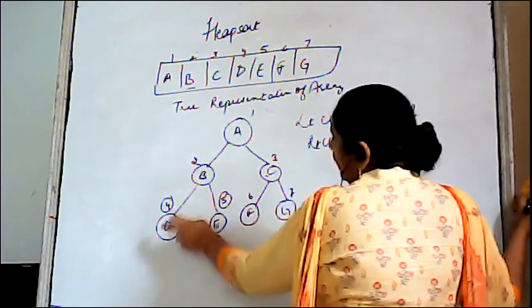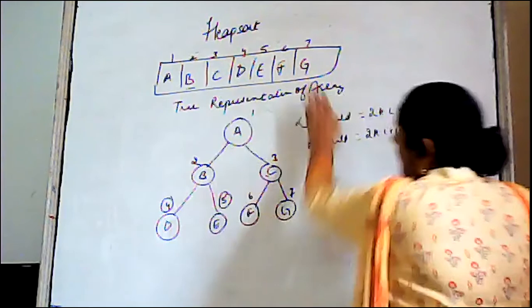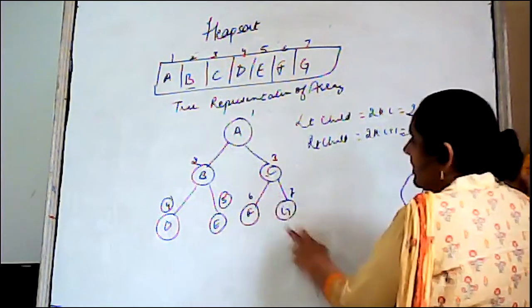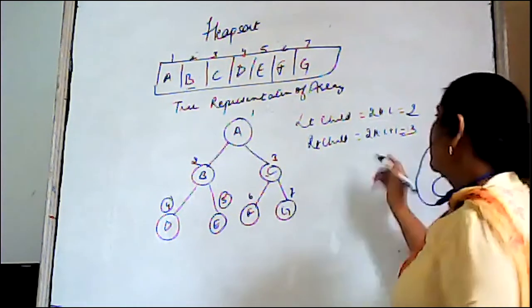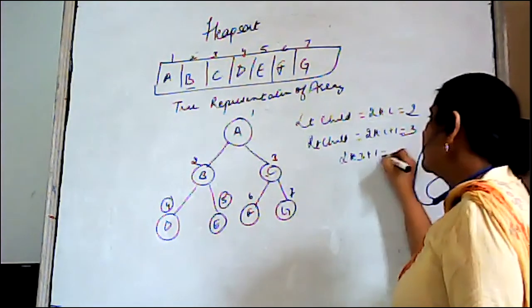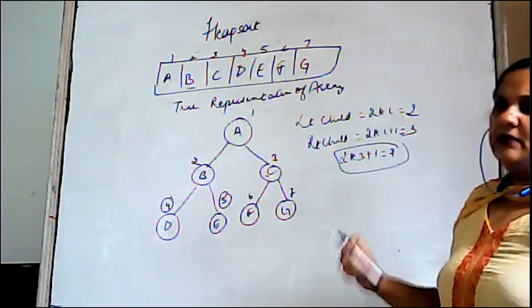Now at index 4, D would be left child of B and E would be right child of B. Similarly, 3 into 2 is 6. F will be the left child of C and G would be the right child of C, because you have 2 into 3 plus 1, that is 7. So this becomes G.